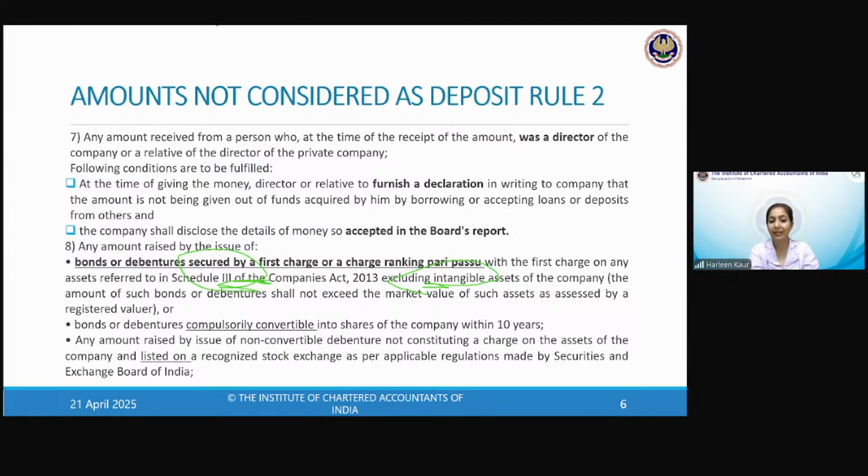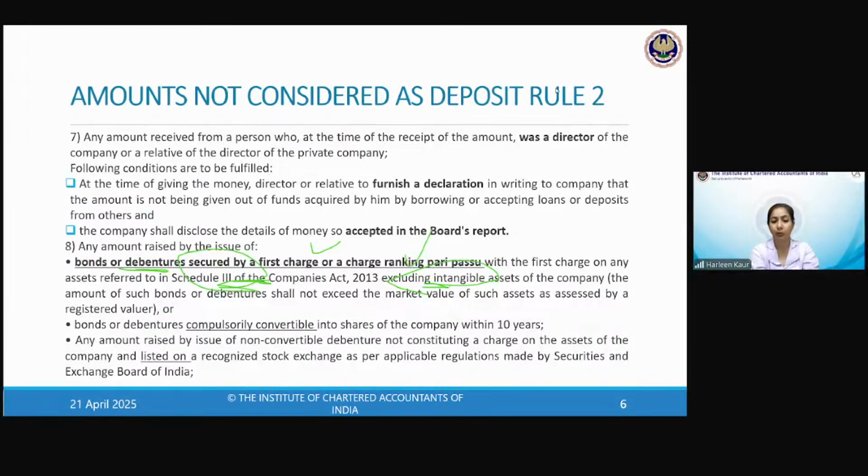So it is specifically trying to tell you, first of all, the bonds and debentures are being issued. So what is the company issuing? The company is issuing debentures and it is creating a first charge or pari passu. Now you have understood the meaning of pari passu. So basically a security is being given of which assets? The assets referred under Schedule 3 of the Companies Act.